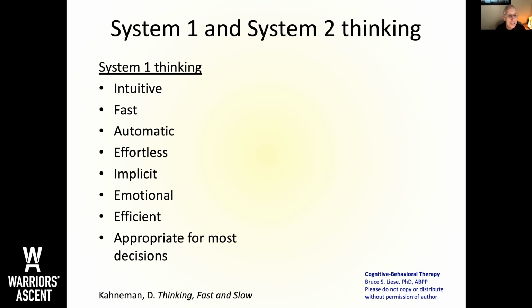The trouble is when we start thinking negative thoughts and they become fast and automatic and effortless and are related to emotional events, if they're negative, it's pretty hard to shake them.